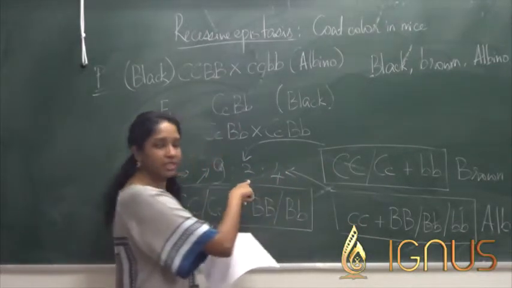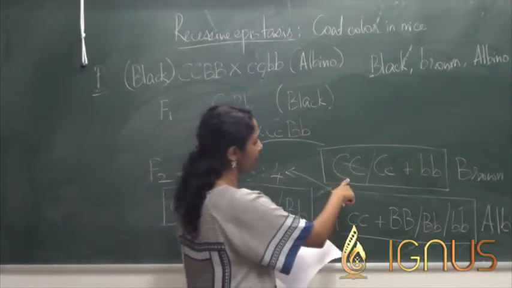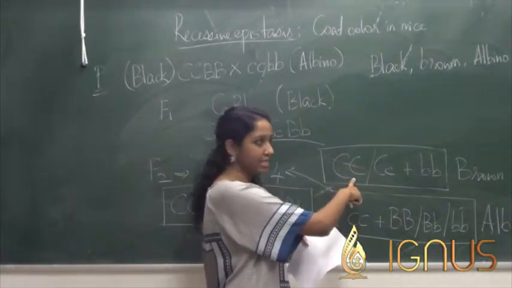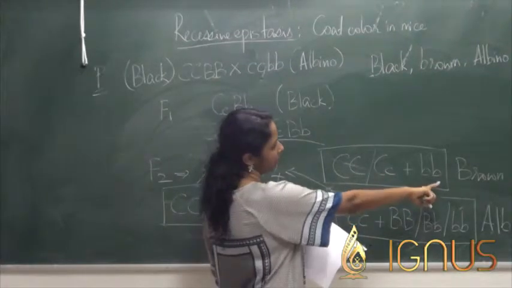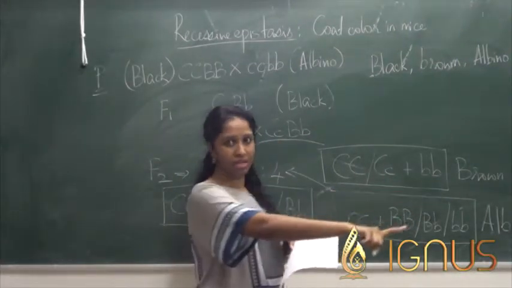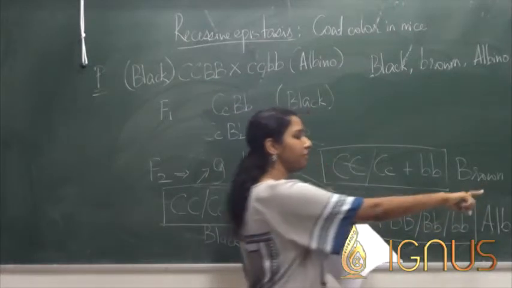For the number 3, you are going to have either homozygous dominant C or heterozygous dominant C in combination with homozygous recessive B, which is going to give the coat color brown.